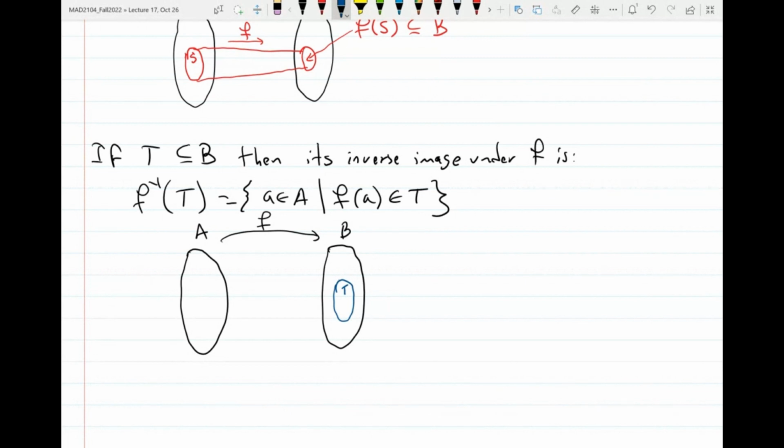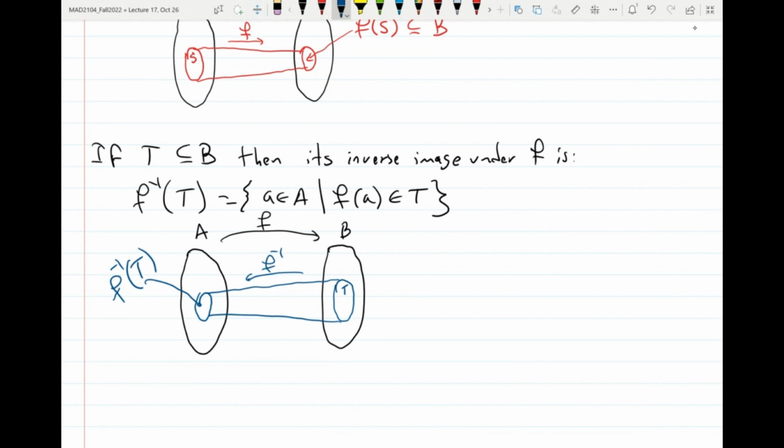But basically, this is what we are wondering. Are there anybody here? We're going backwards now. Are there any elements in here? So when you apply the function f, they go into T. Do you understand this? That's what the inverse image does.